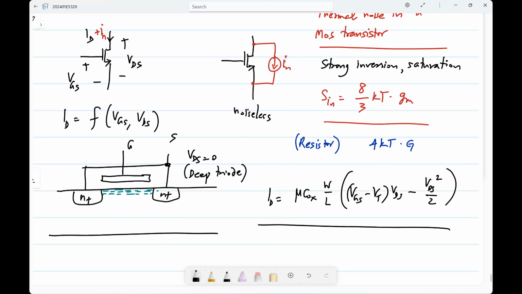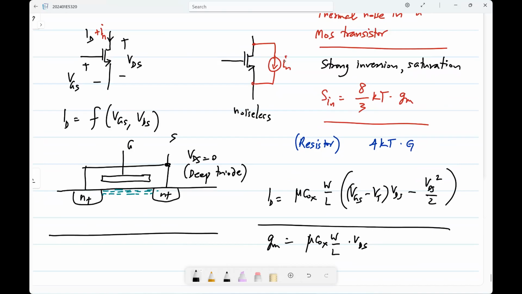So what is the expression for GM? Mu CoX W by L VDS. You have to differentiate with respect to VGS. And what is the GM when VDS is 0? It is 0.